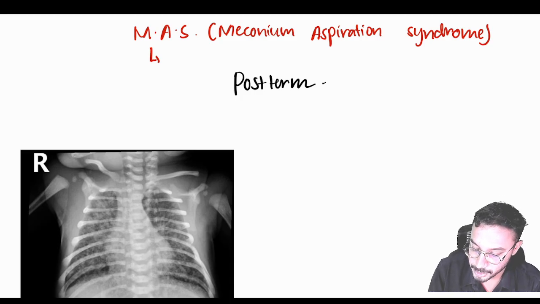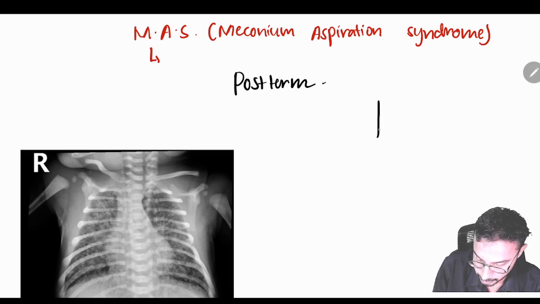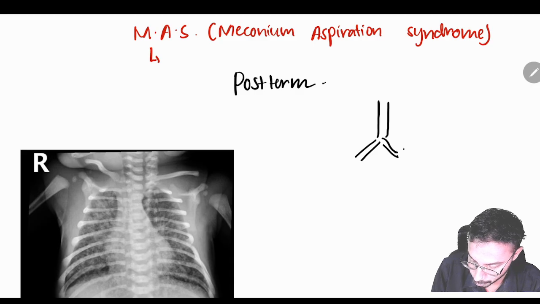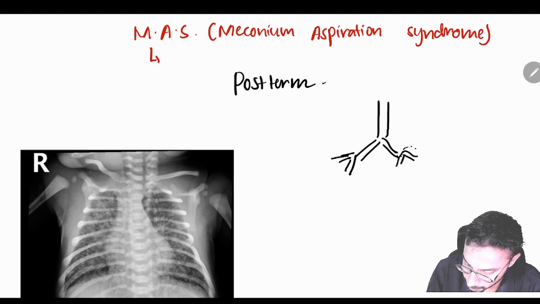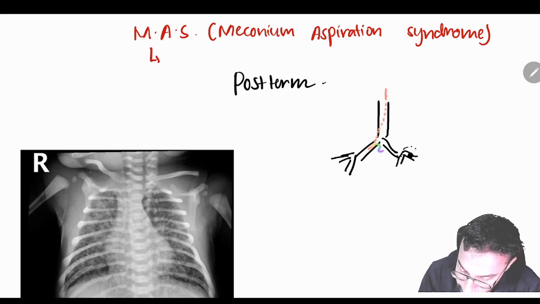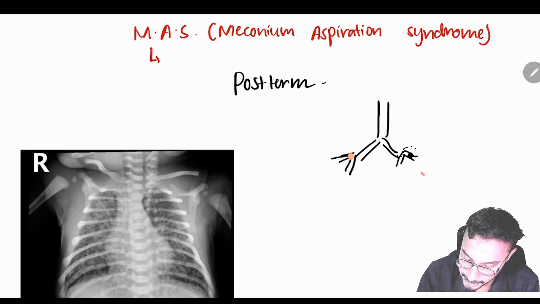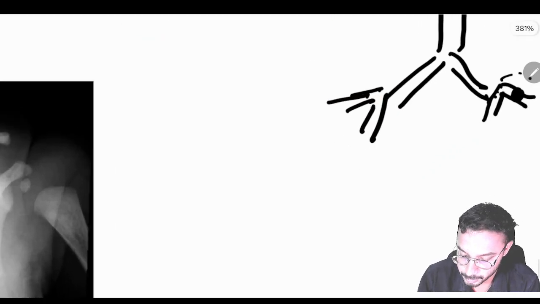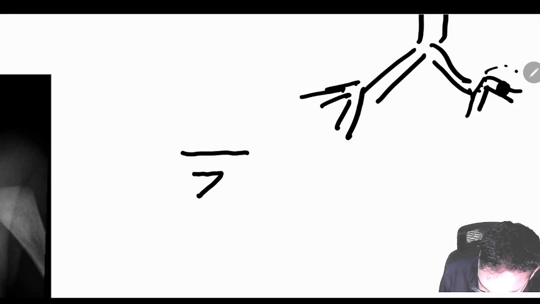Imagine this is the trachea, this is the bronchus, and these are the bronchioles. The meconium gets stuck here in the bronchi or bronchioles.